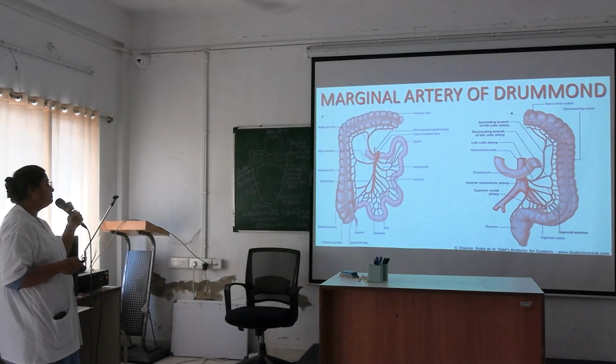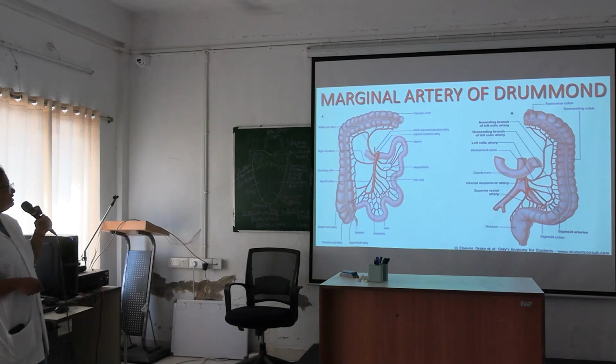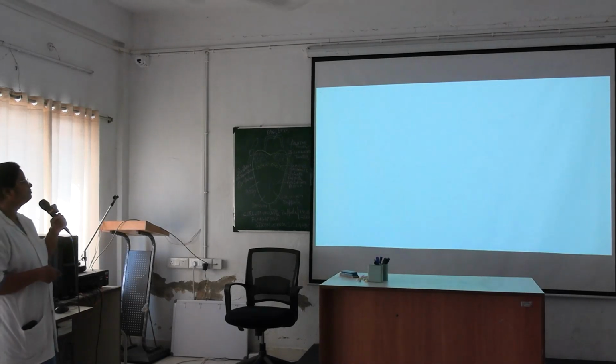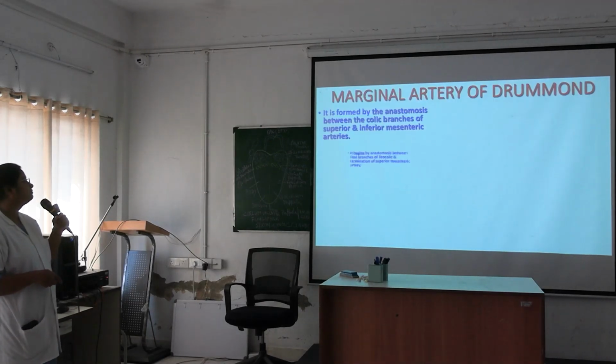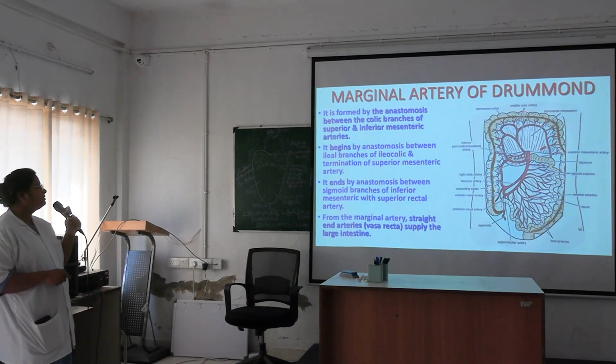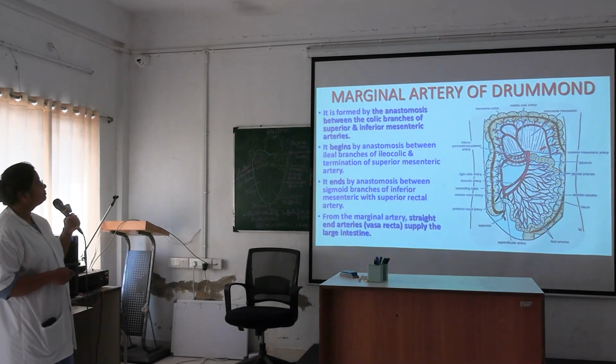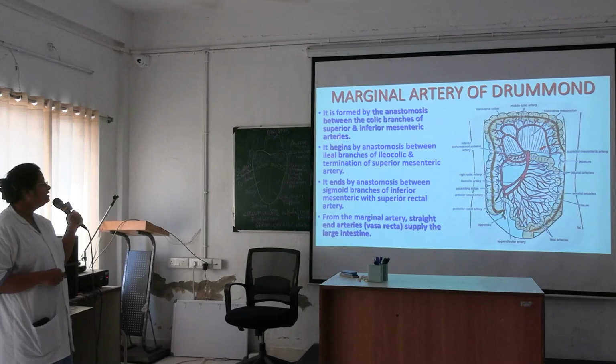So these colic branches anastomose with each other to form the marginal artery of Drummond. See, this is the location of the marginal artery of Drummond. It is formed by anastomosis between the colic branches of superior and inferior mesenteric arteries.